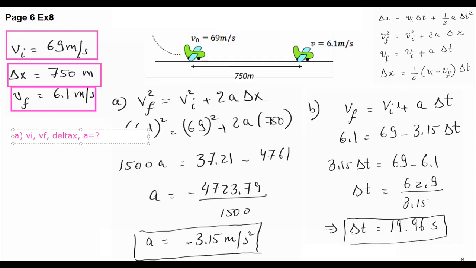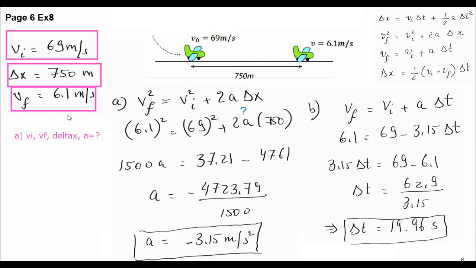It's equation number 2. It has everything I want. So I will use it. Instead of VF square, I'll put 6.1 square. VI is 69. Acceleration is my unknown. And delta X is 750.